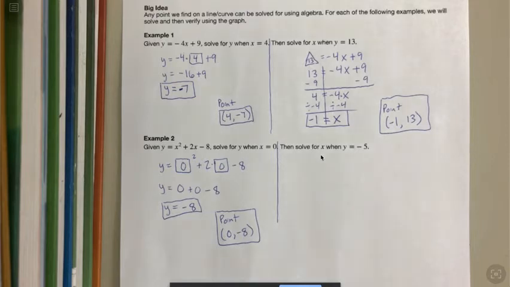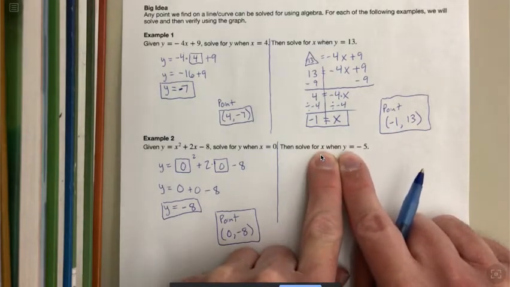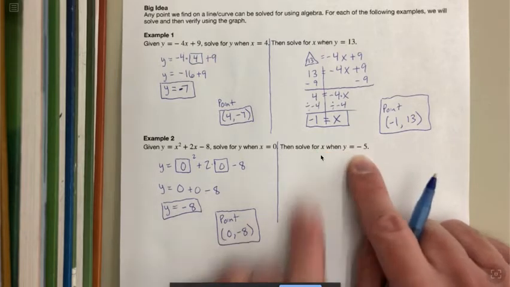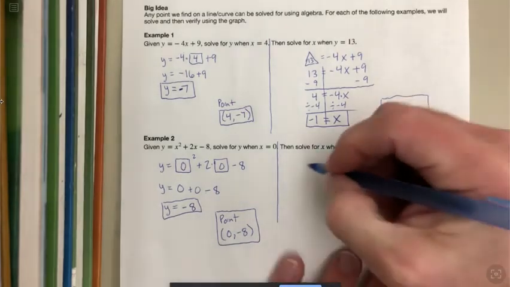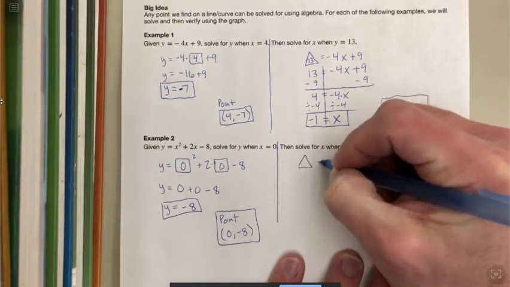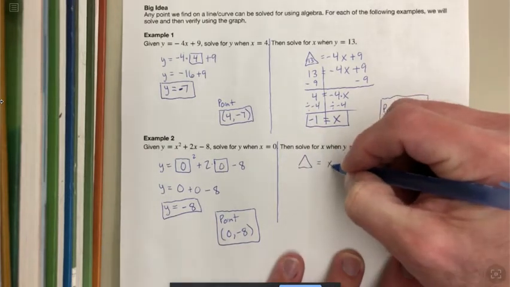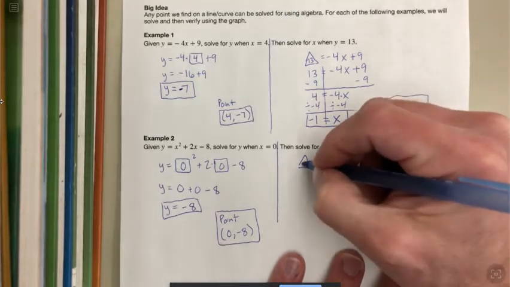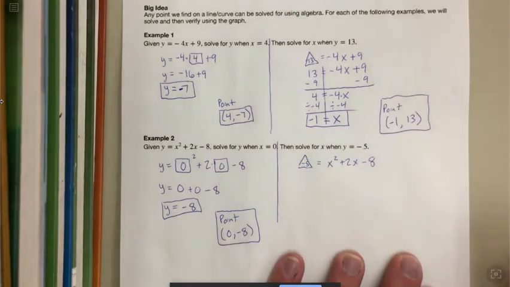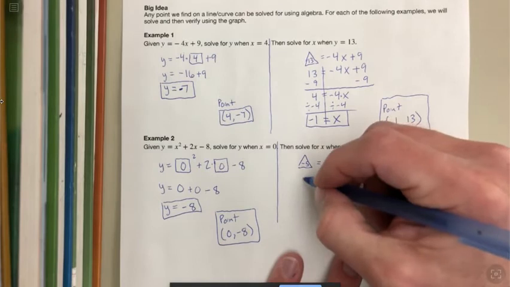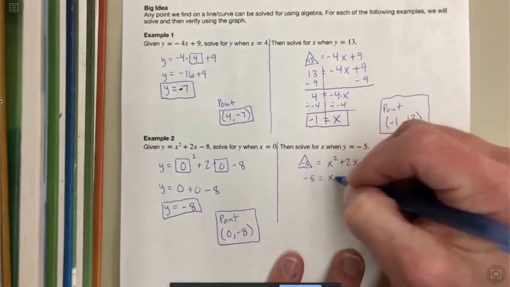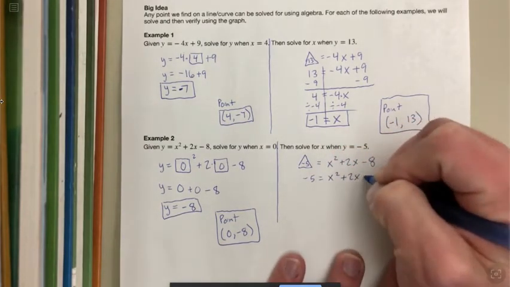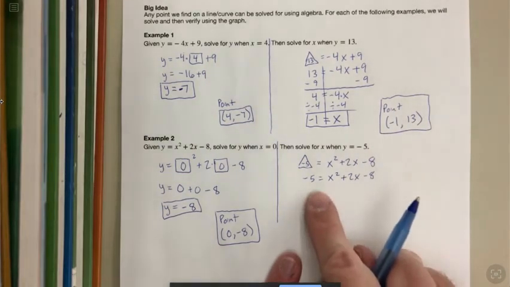So now my second piece of this is, here's y, find x. So once again, I'm saying some number for y should equal this. That number is -5. Now, let's write it out. Some of you might be uncomfortable with the way this is written because the equal sign is over here.